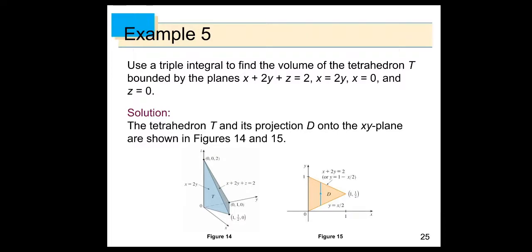Similarly, we substitute x and z as 0, and we find 2y is equal to 2, so y is equal to 1 over here, right?